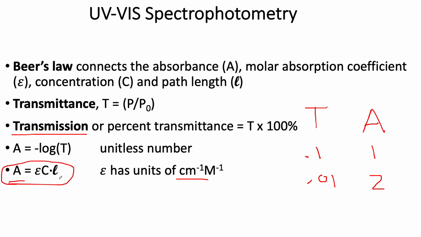So if it's not very absorbent, you need a longer cell to be able to detect it very well. Or if it's too absorbent, you want a shorter cell. Or if you don't have much material, you can use a shorter cell. And the concentration is whatever you happen to have, or you can make it more dilute if it turns out that it's absorbing too much.